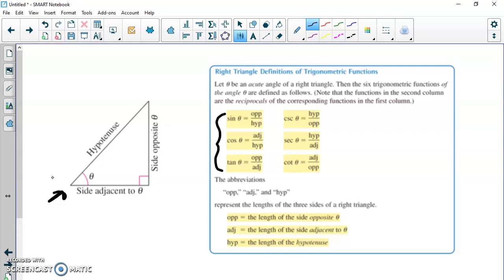And then we learned about our three new trig functions, which are the reciprocal functions: cosecant, secant, and cotangent, these guys here. So hit pause, take a few minutes, and write down those 6 equations. Note, if you need to, OPP is opposite side, ADJ is adjacent side, and HYP is the hypotenuse.